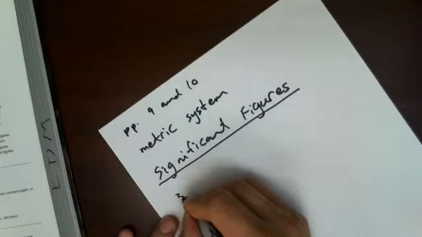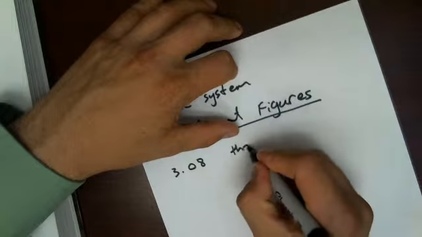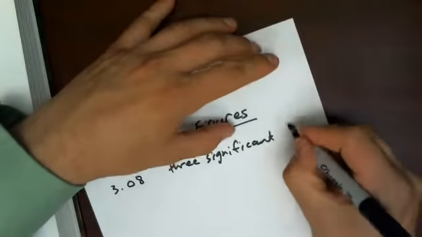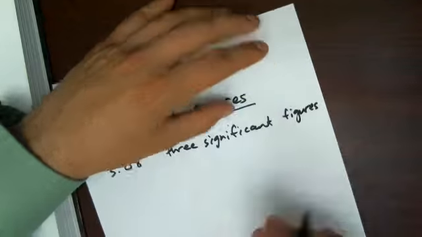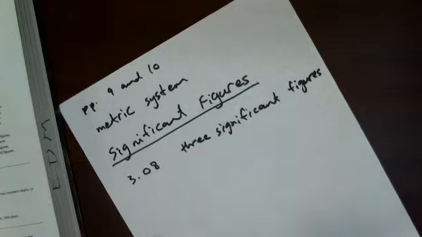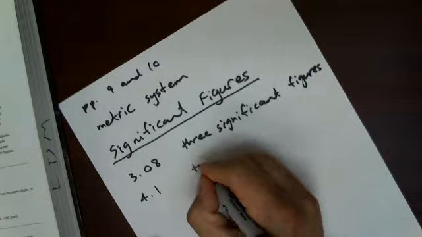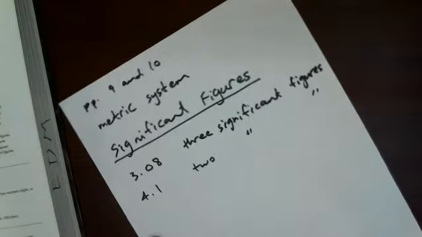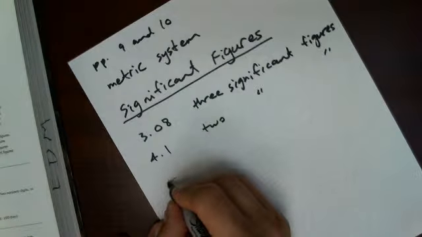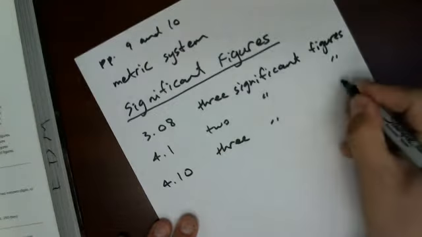If we have a number, say for instance like this, 3.08, that is 3 significant figures. If you had 4.1, that is 2 significant figures. Now, where it gets a bit more interesting is, say if it was 4.10, that's 3 significant figures.